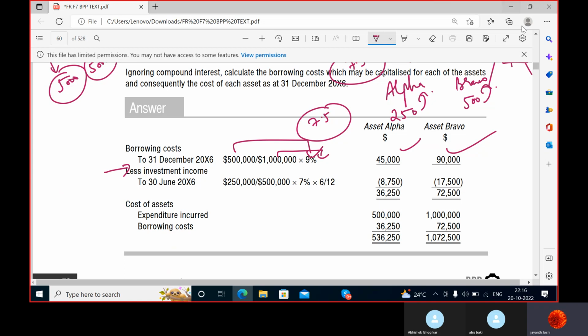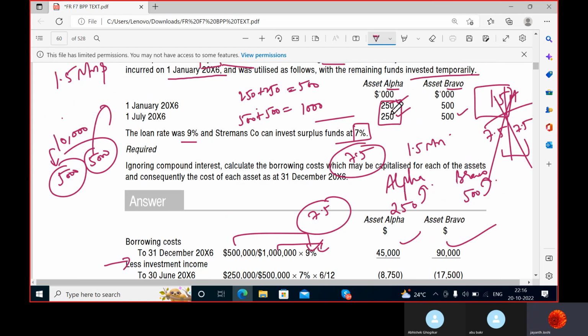And see, if this guy has utilized the money here, okay. So let's say he has utilized 250 for asset alpha, 250 was left over, and on 250 he will be earning some interest. See, 250 he utilized.